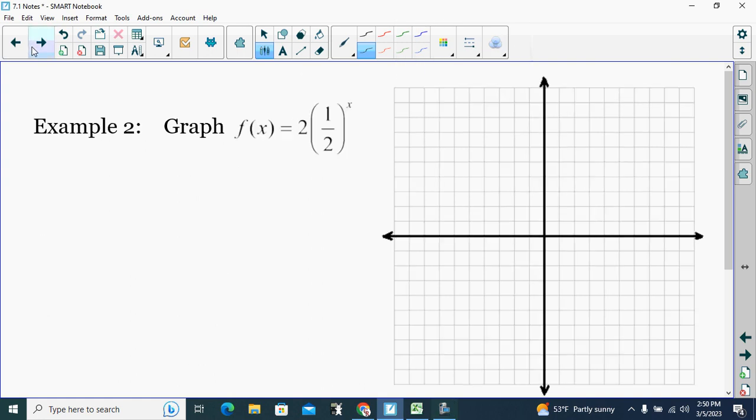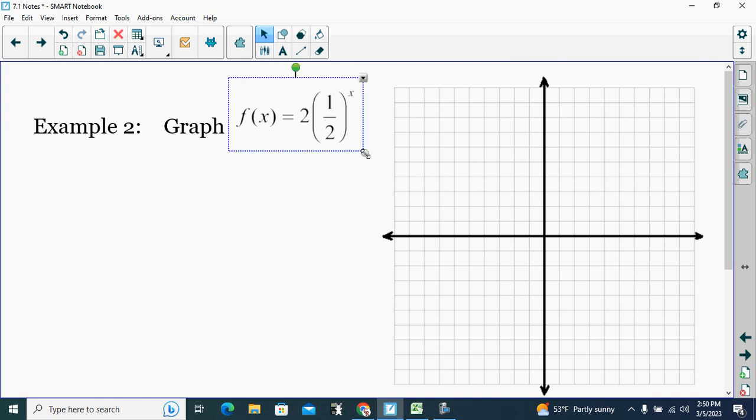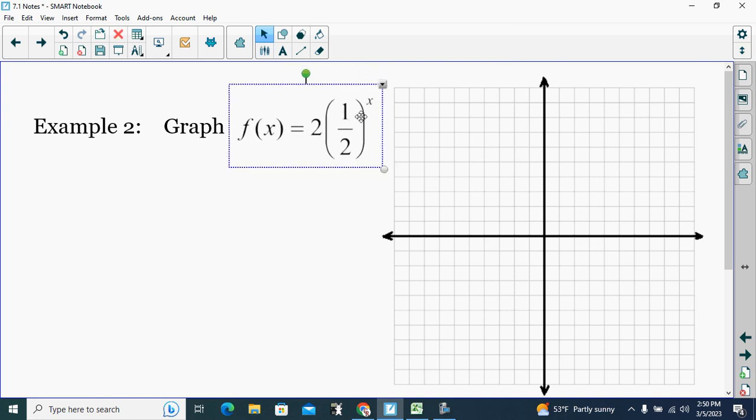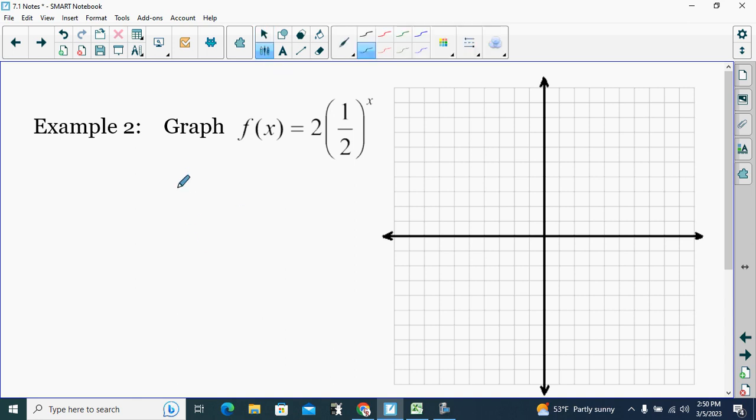Example 2 is similar. y equals 2 times 1/2 to the x. Notice this again is an exponential equation because the variable x is in the exponent. Again, we're just going to make a basic xy chart. Plug in a couple negative numbers, a couple positive numbers, and 0. Let's plug in the positive ones first, simply because they're usually a little easier.